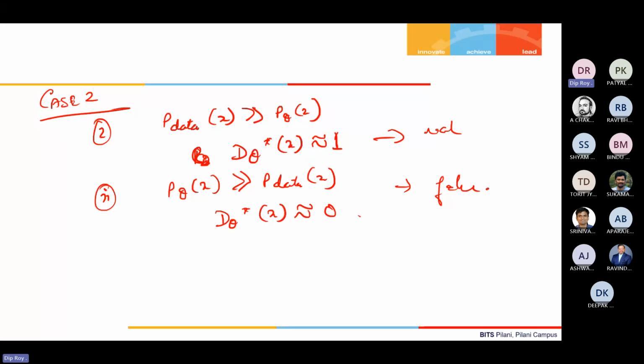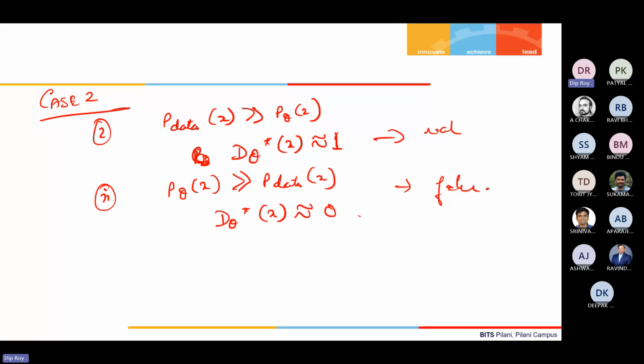So therefore, in an ideal scenario, the generated samples are actually indistinguishable from the real ones, and the discriminator cannot do better than guessing. And this is how GAN training is designed. So the generator wants to reach a point where the discriminator outputs 0.5 for all the samples.